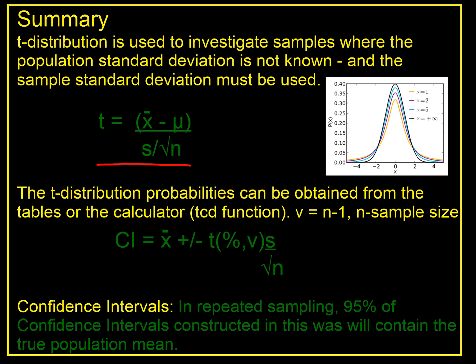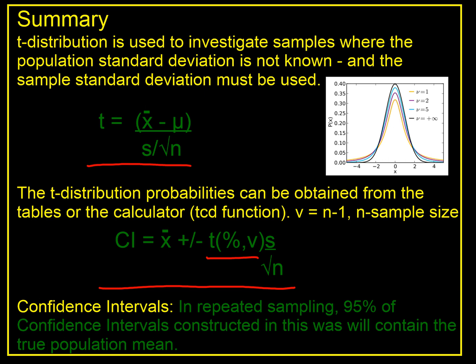Here's our definition of our test statistic, the t-value, and we use that for our hypothesis testing against a t-distribution critical value, and all these t-distribution values can be got from our calculator or from our tables. If we're finding a confidence interval, we're using this formula here, and if we're using the t-distribution, we need to look up the t-value from our percentage and degrees of freedom to put into the formula.